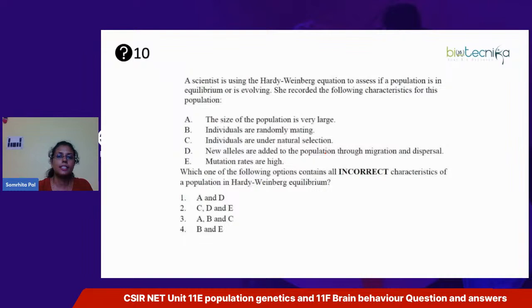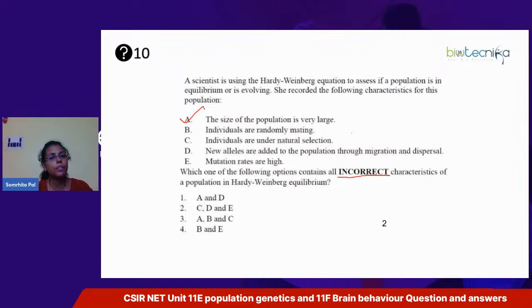So what will be the correct answer for this? The correct answer is option 2. The question asks which option contains all incorrect characteristics of Hardy-Weinberg equilibrium. First, they say the size of the population is very large, which is absolutely true. This is an assumption made by Hardy-Weinberg.